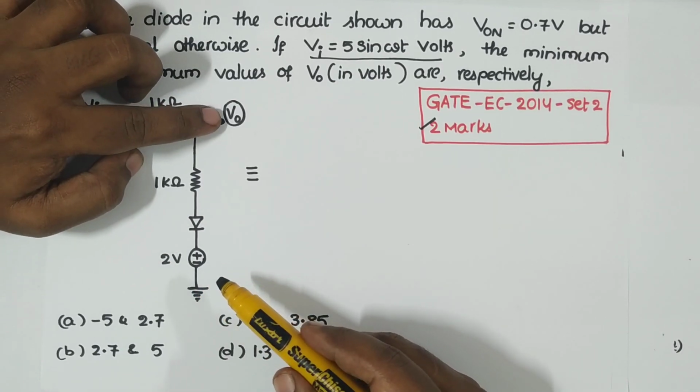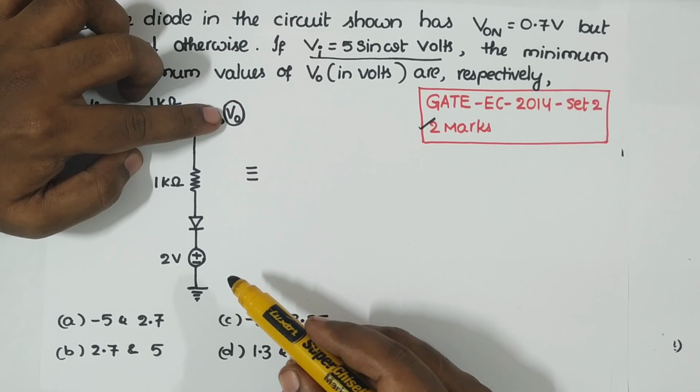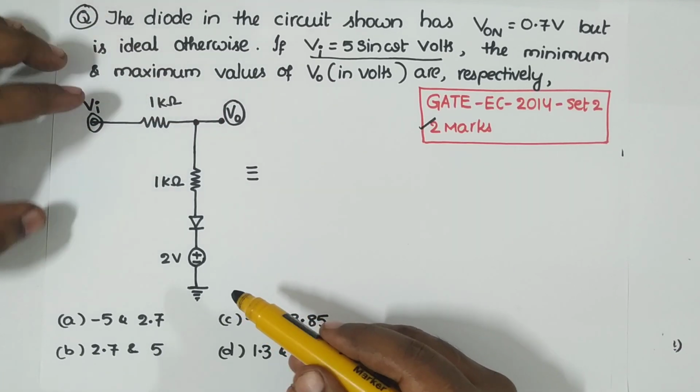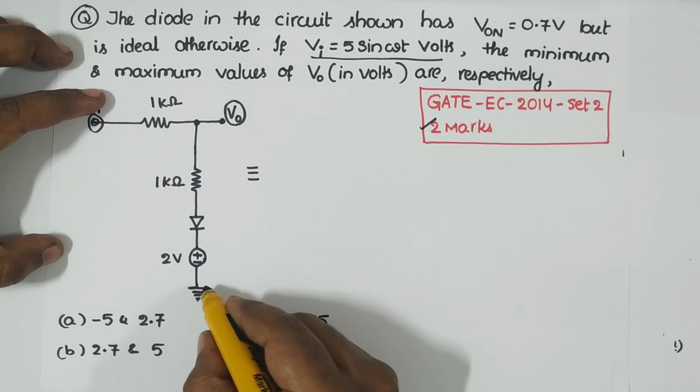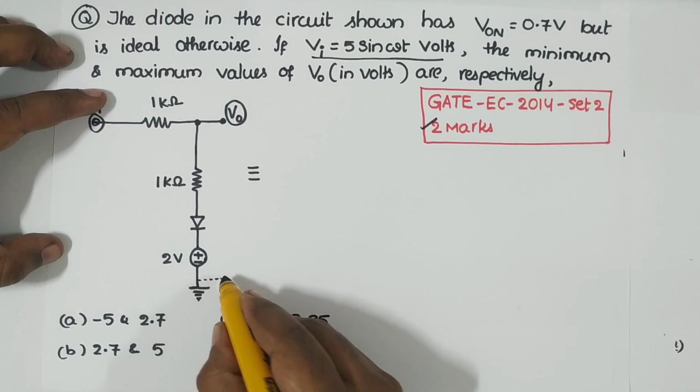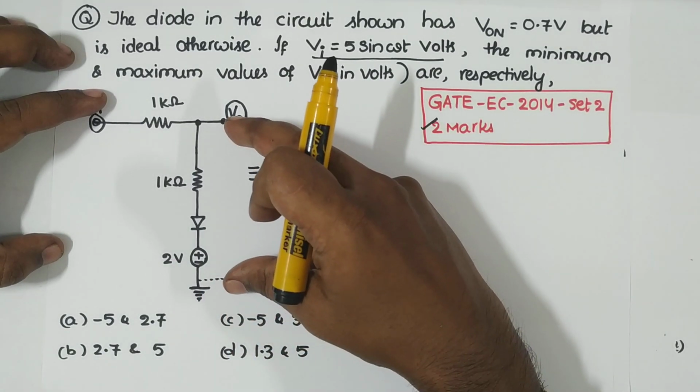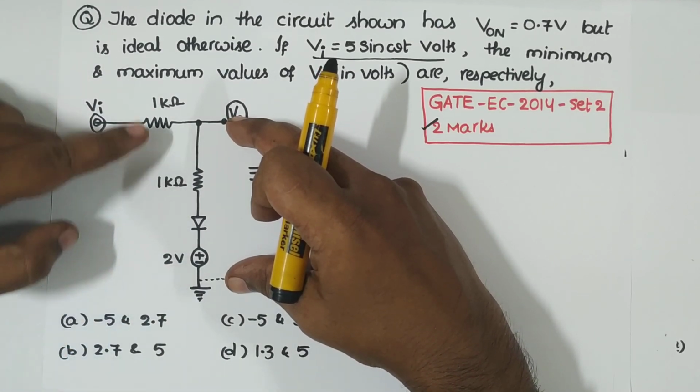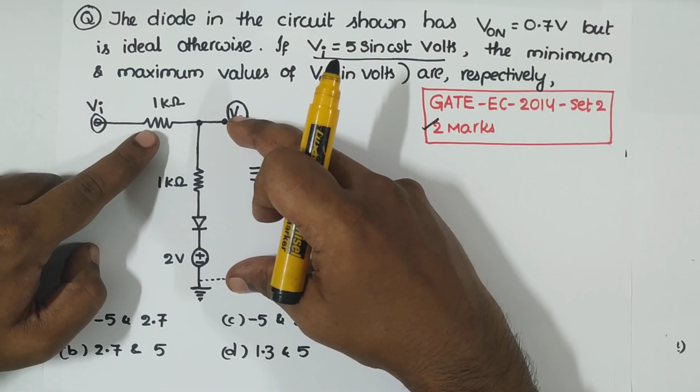So always take node voltage with respect to ground. Therefore V0 is across this combination, not across this 1 kilo ohm.